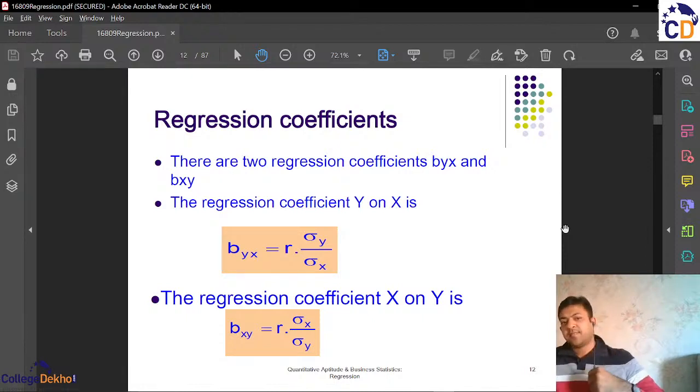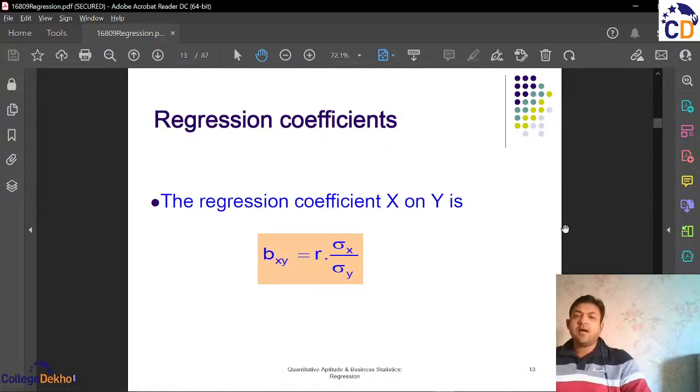Similarly, the regression coefficient of x on y is bxy, which is equal to r times standard deviation of x by standard deviation of y. Interestingly, when we multiply these two terms, byx and bxy, we get r square. Okay.